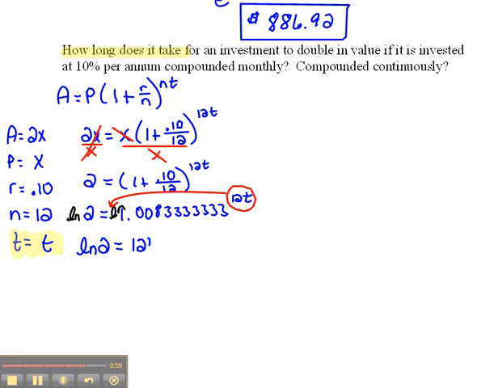So this would be 12t times the natural log of that 1.008, and then all those 3's repeating. Now to solve for t, we just divide both sides. So the natural log of 2 divided by 12 times the natural log of 1.0083 repeating. Now putting this into our calculator is going to be very delicate, so we'll do this in the next part of the video.